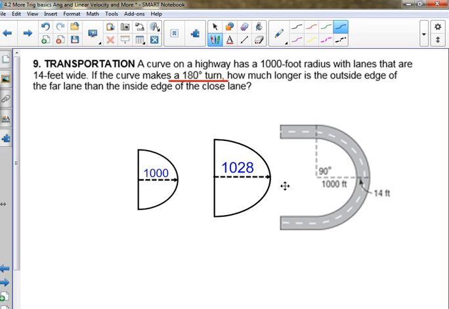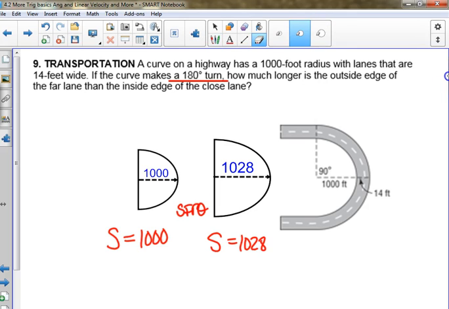What do we want to know if we want to know how much further it is? How much more what? Arc length. Perfect. So I want to know the arc length. What's the formula for arc length? We need r, which is 1,000 here and 1,028 here, times theta.